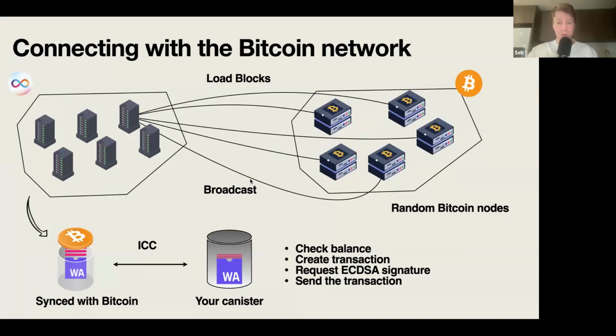So now we have all the blocks, and this sums up everything that I've talked about. You have the ICP nodes and the Bitcoin nodes. Each ICP node is connected with 5 Bitcoin nodes.